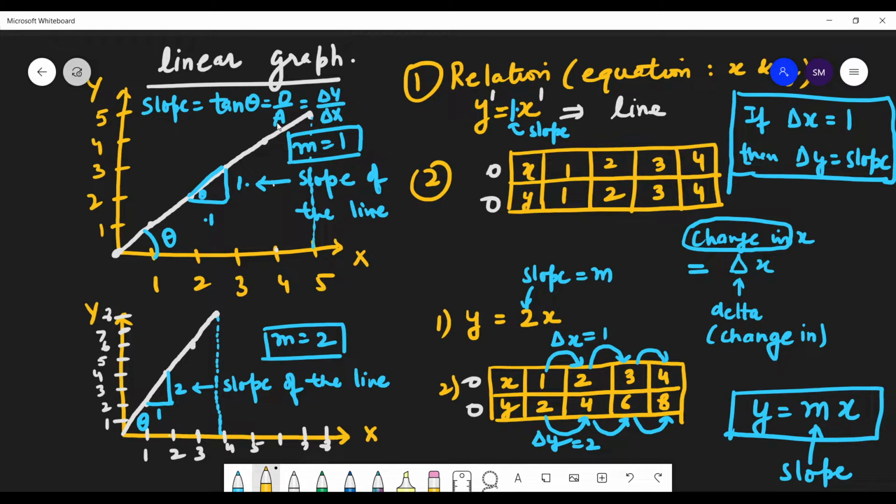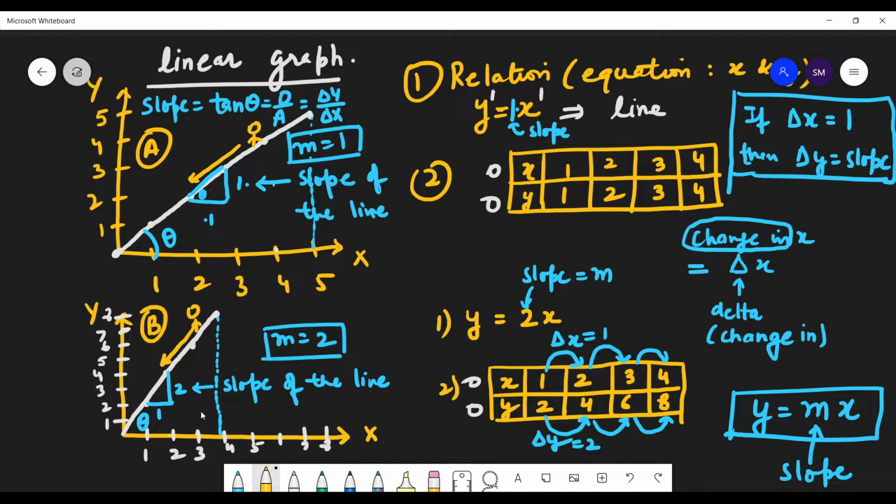Now in layman's language, what is the meaning of slope? Slope is this slide, a water slide, where you are sliding on it. So where will you come down faster, in case A or in case B?